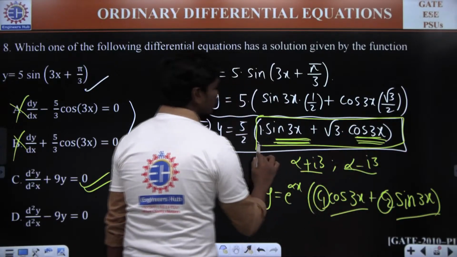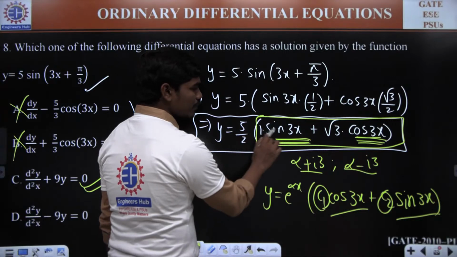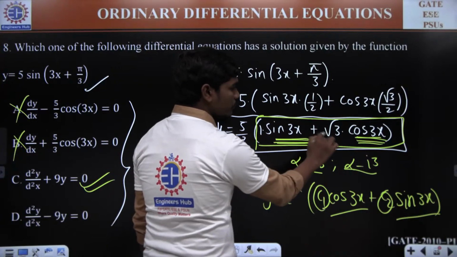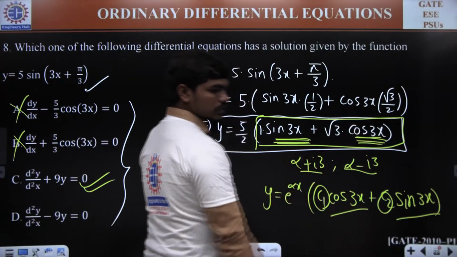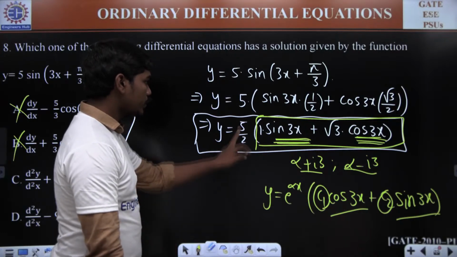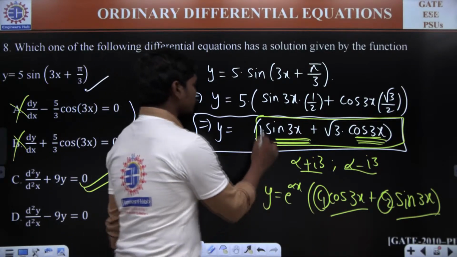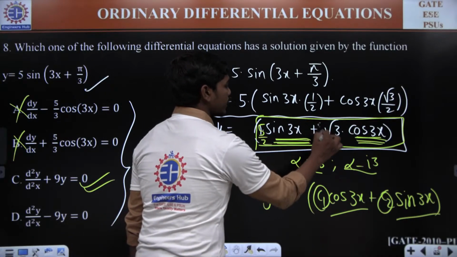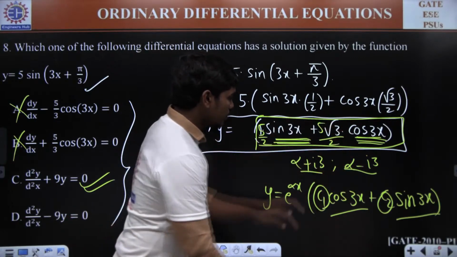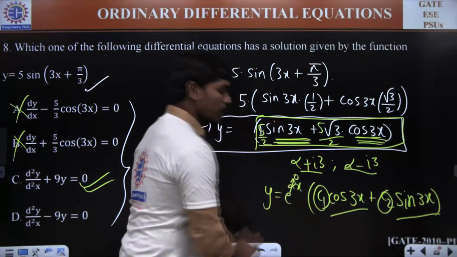Some constant 5 by 2 into sin 3x plus also some constant 5 root 3 by 2 into cos 3x. Correct? Yes or no? Can you understand if I multiply this 5 by 2 inside, and of course again 5 root 3 by 2. Then can you see, Sridevi, that these two are looking similar when alpha is equal to 0? Of course.